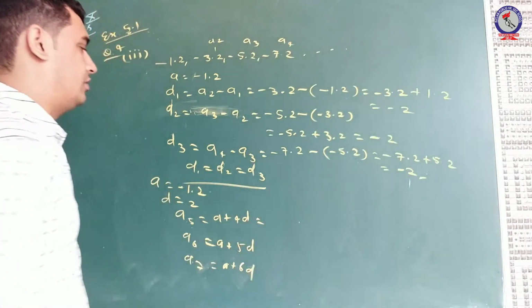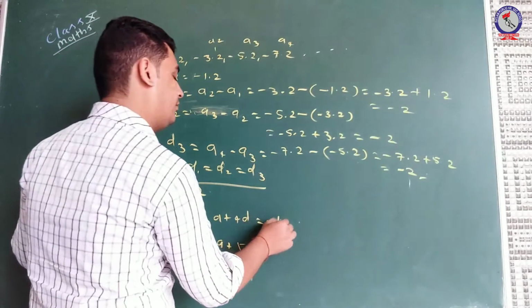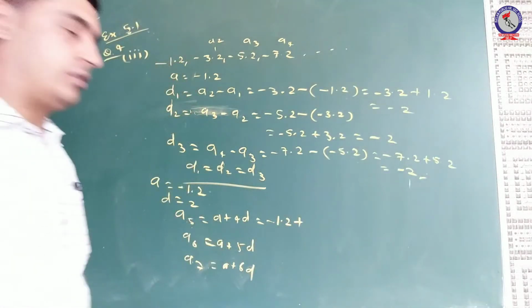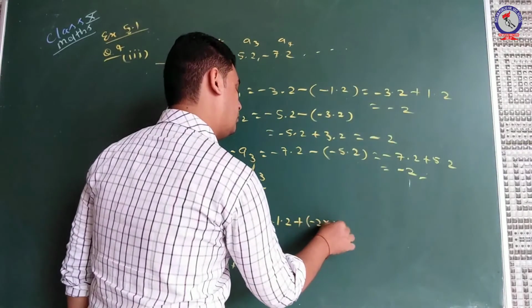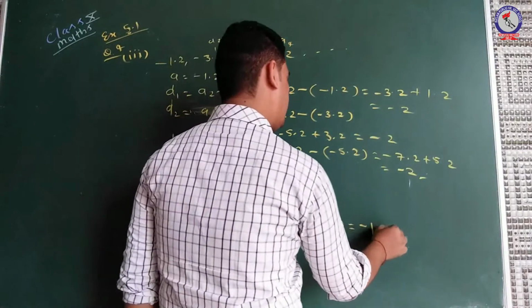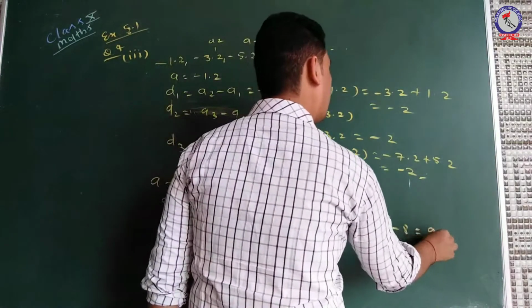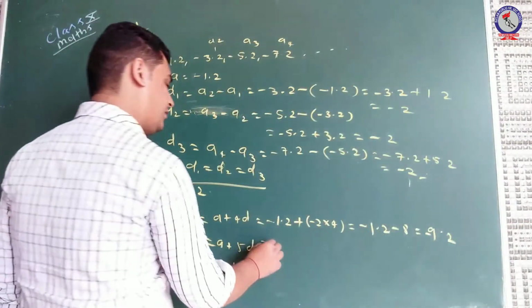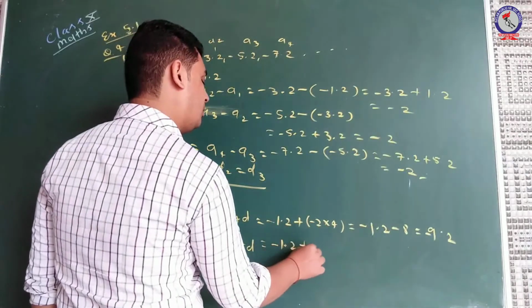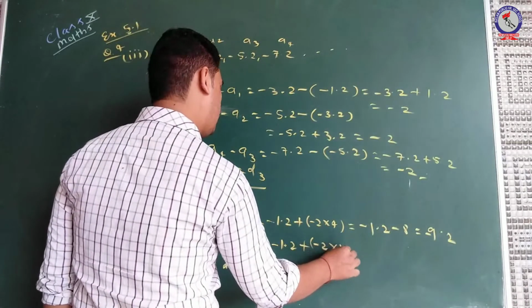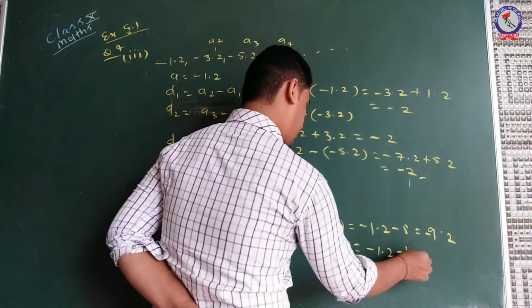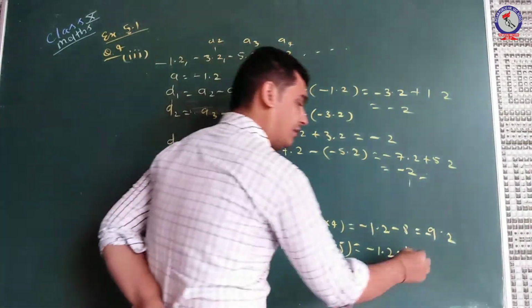So A is minus 1/2, plus minus 2 into 4, minus 1/2 minus 8, minus 9/2. Similarly, minus 1/2 plus minus 2 into 5, minus 1/2 minus 10, minus 11/2.